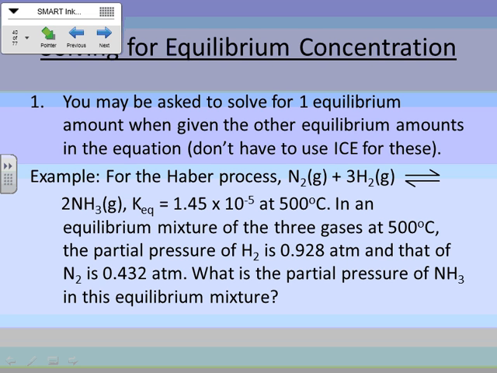Yesterday we were solving for K when they gave you all the equilibrium amounts. So really the only difference is where the variable is, okay? We're just solving for a variable on the right side of the equation instead of solving for the K. So maybe slightly more difficult than solving for K, but it's not that bad.